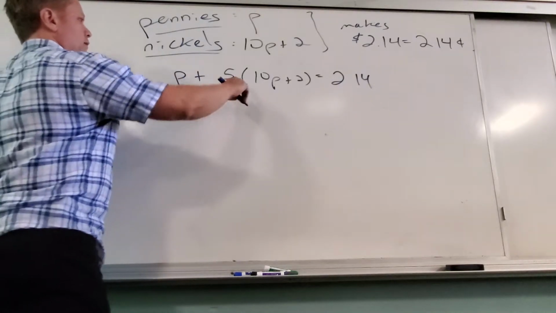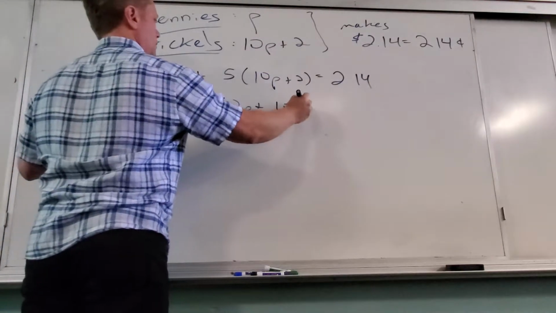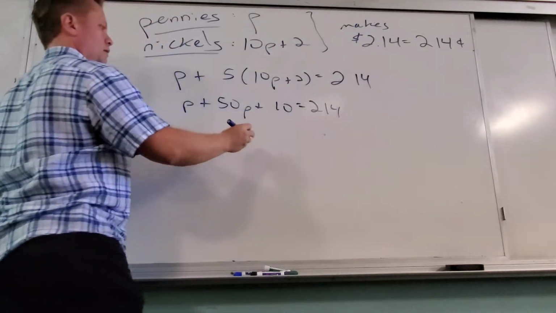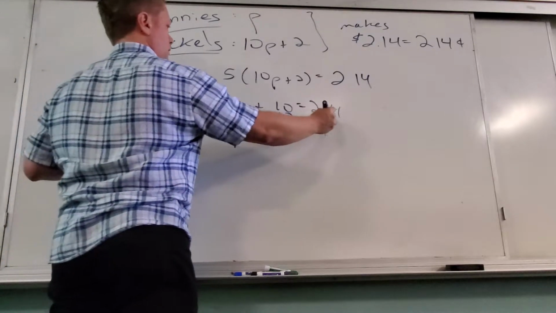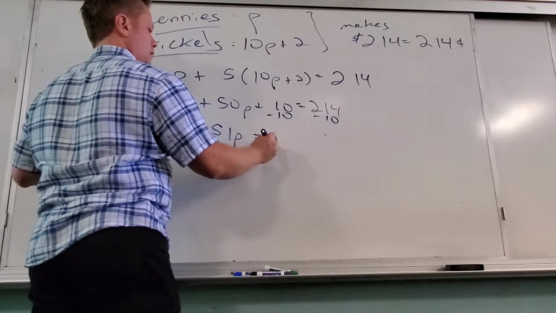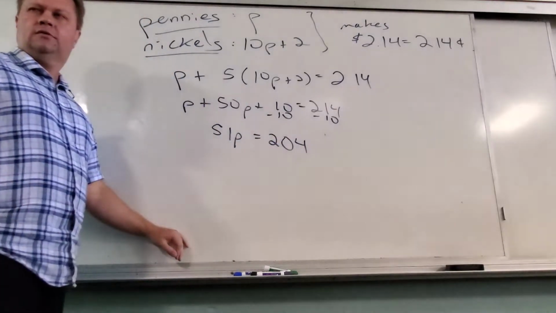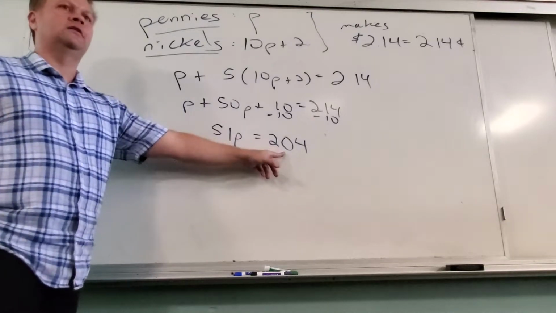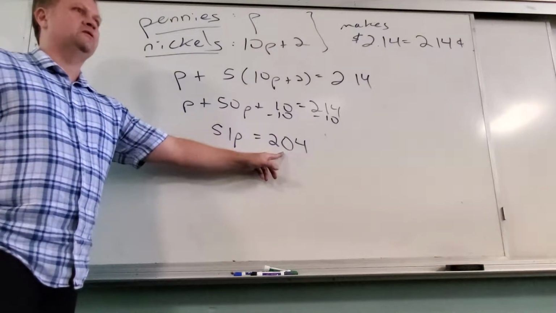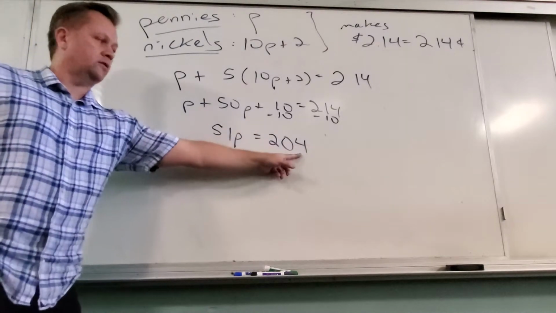So P plus 50P plus 10. Yeah, 51P. And that goes in nice. 5 goes into 20 4 times. 50 times 4 is 200, and 4 times 1 is 4.